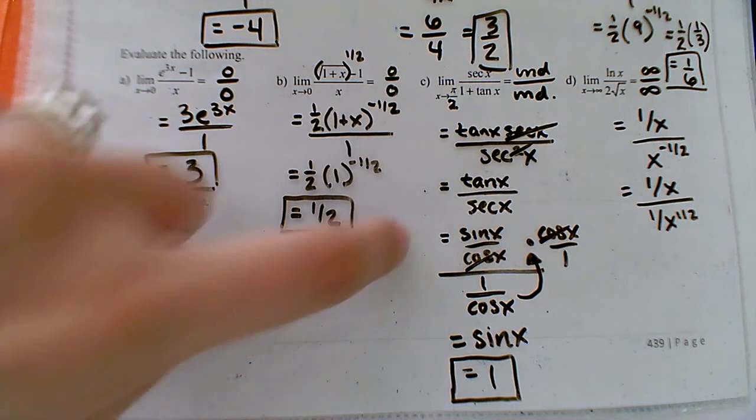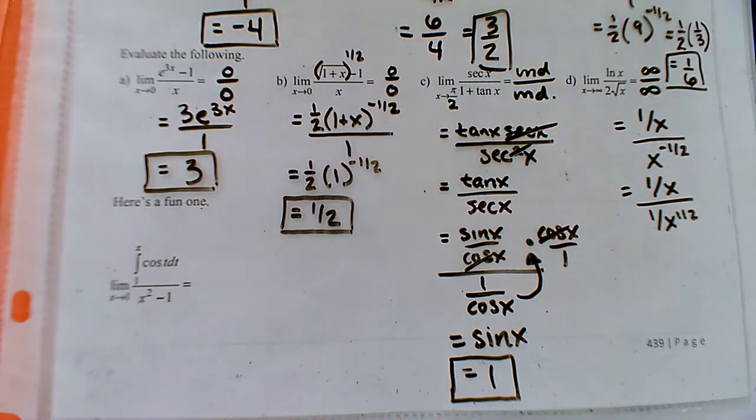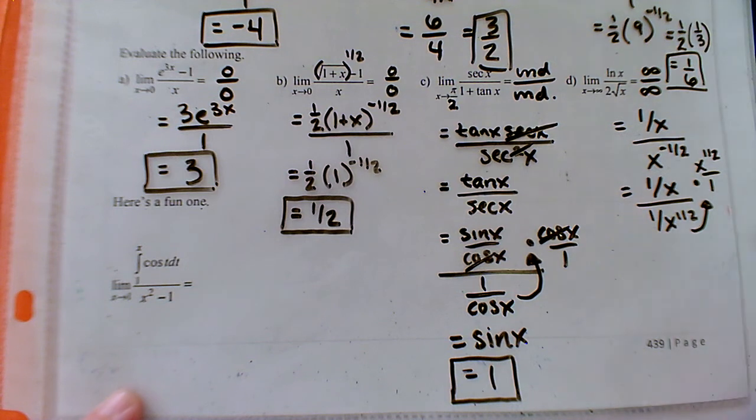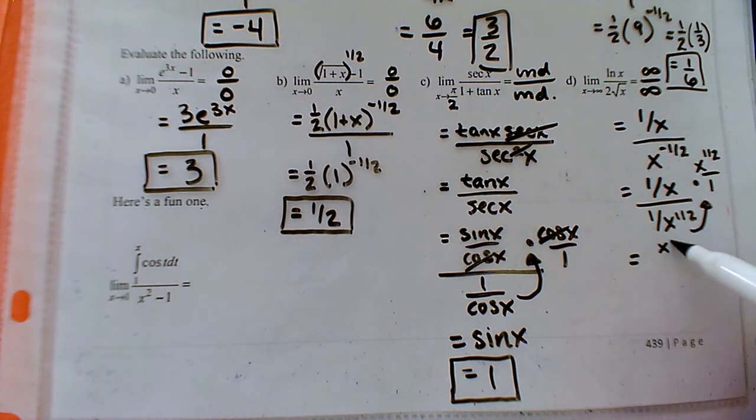But very similarly to the trig one, instead of dividing by a fraction, we can move it up and multiply by the reciprocal, which would be x to the 1/2 over 1. You want to keep going? You end up with a square root of x over x, which now we can tell that the x would grow faster than the square root of x, and we can realize that that is close to 0.